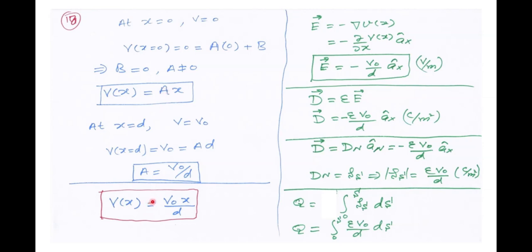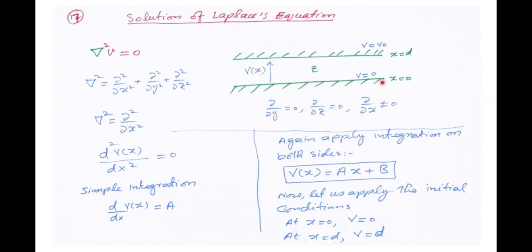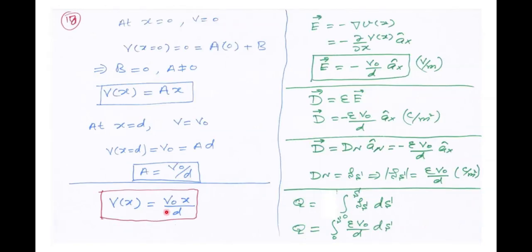We obtain the potential function in between two conducting boundaries, one located at x equal to 0 and the other located at x equal to d. So look at this expression, this potential function.